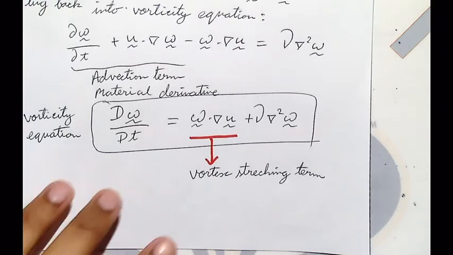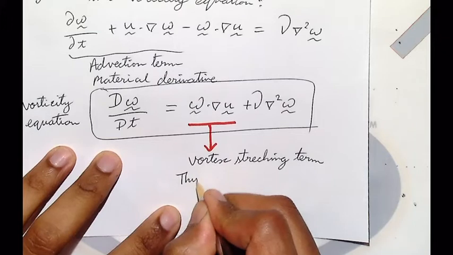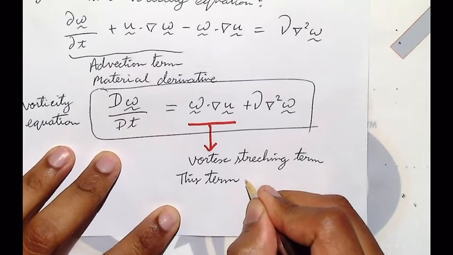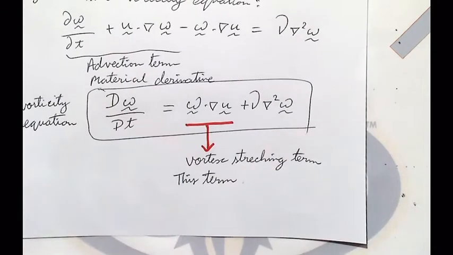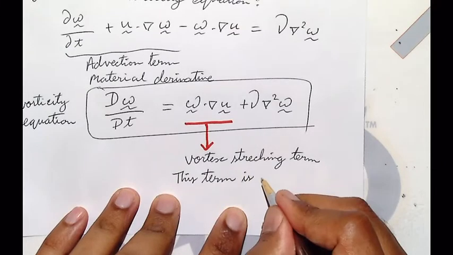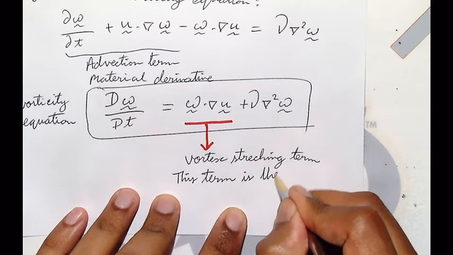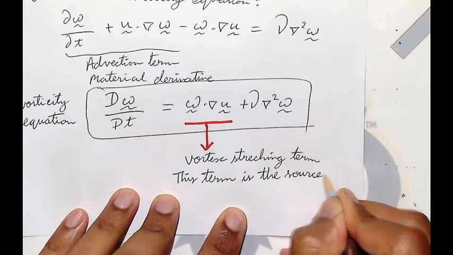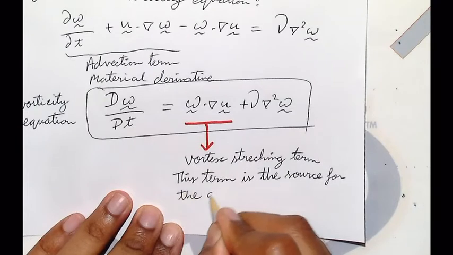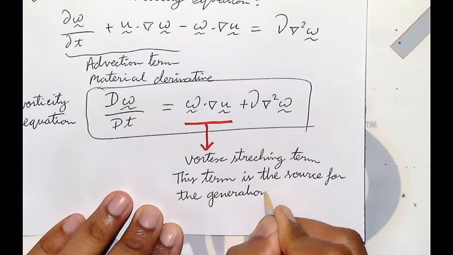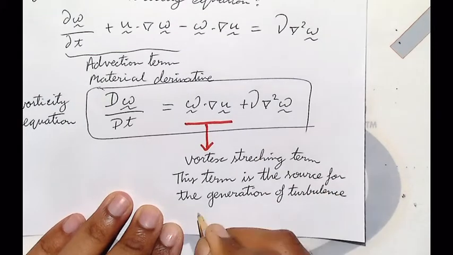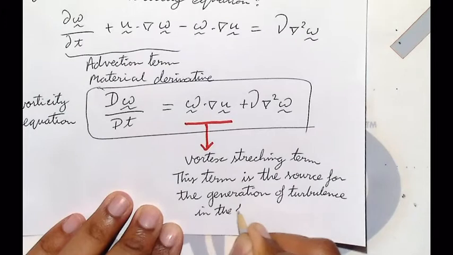This term is the source of generation of turbulence in the flow.